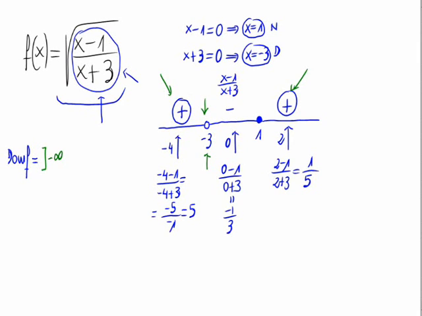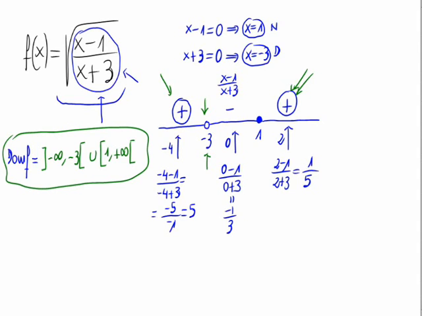So the domain would be minus infinity until the minus 3, which is not included in the domain, and 1 included because it only makes the numerator equal 0, and from 1 till plus infinity, that would be the whole domain of the function f.